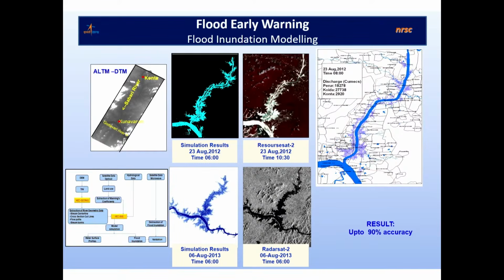And now these days altimeters can also help to validate the water levels. So this is one of the studies that we did for the Sabri area, where we used optical satellite data for deriving the land use and the channel conditions, and hydrological data and satellite microwave data to map and validate the model output.